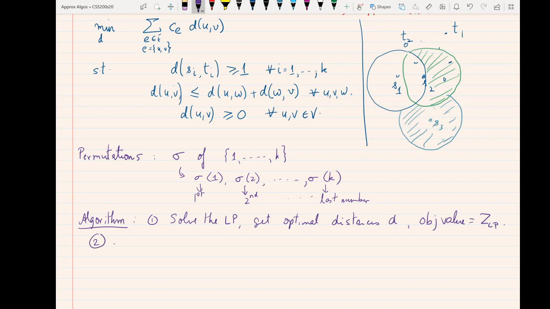Now we'll pick a uniformly random permutation of the set 1 to k. So this permutes the k terminal pairs in some way. And now we'll go in order.